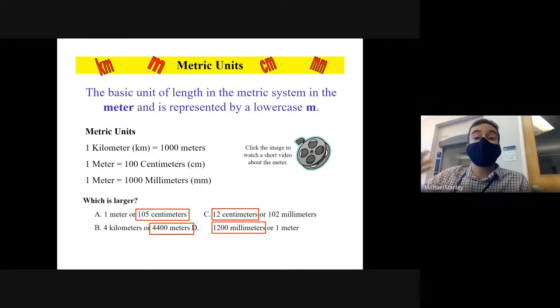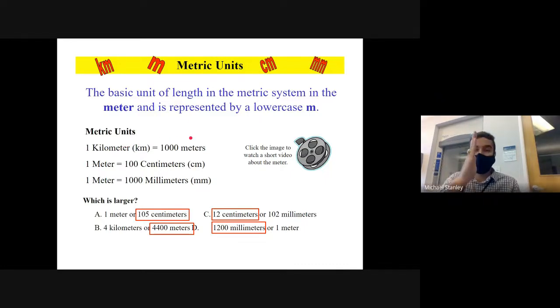So like I was saying, instead of being a weird conversion of like 12 inches is a foot, 3 feet is a yard, 1,200 something yards is a mile, meters and kilometers and millimeters, everything is based on tens and hundreds and thousands. So 1 kilometer, for example, is exactly 1,000 meters.